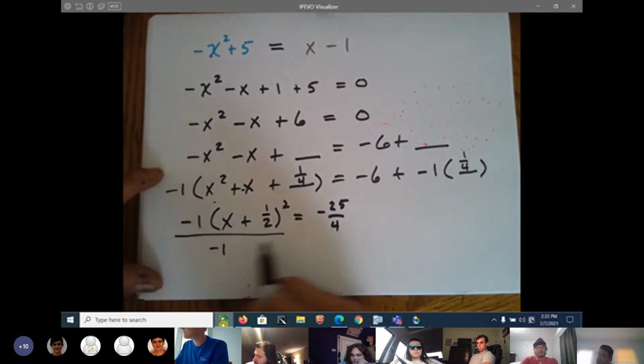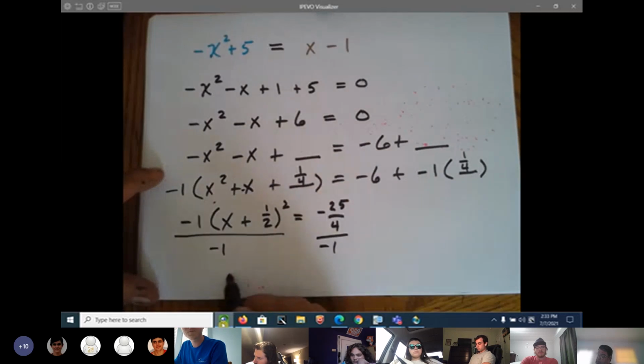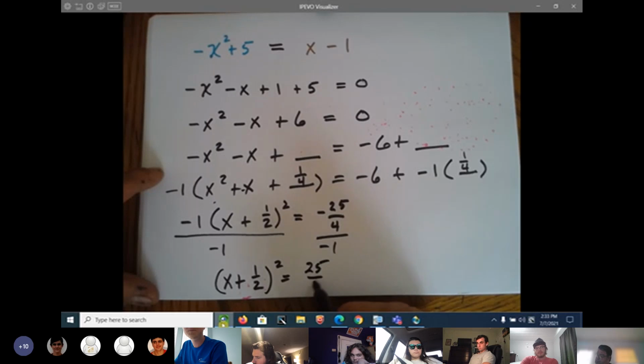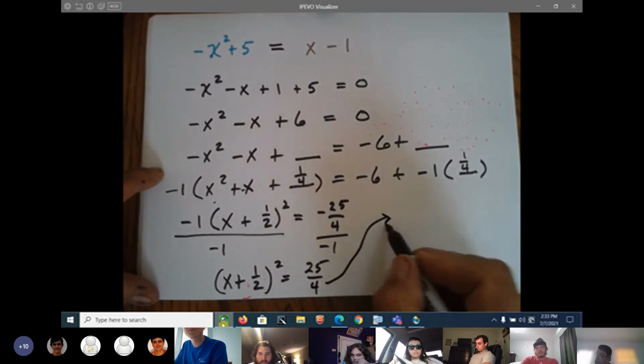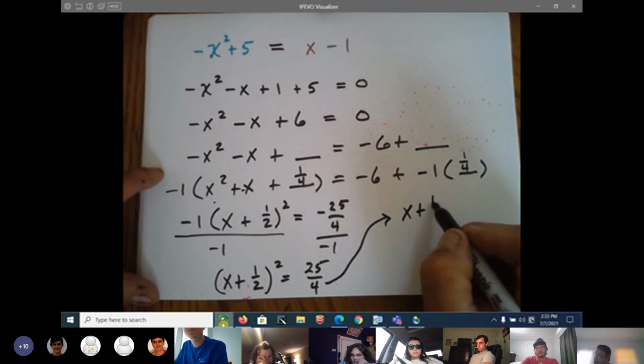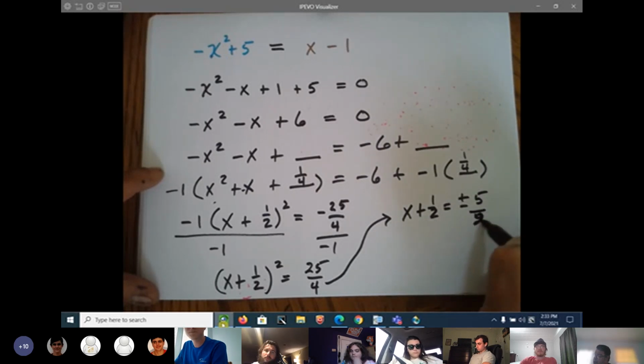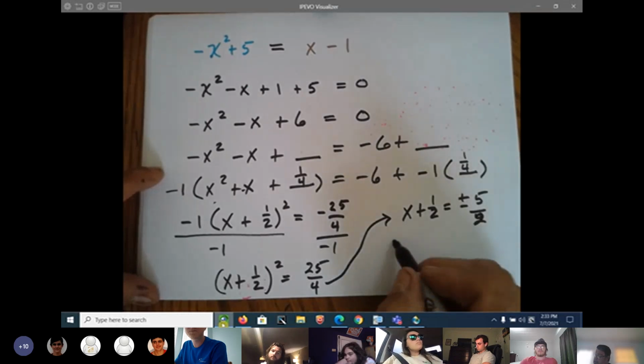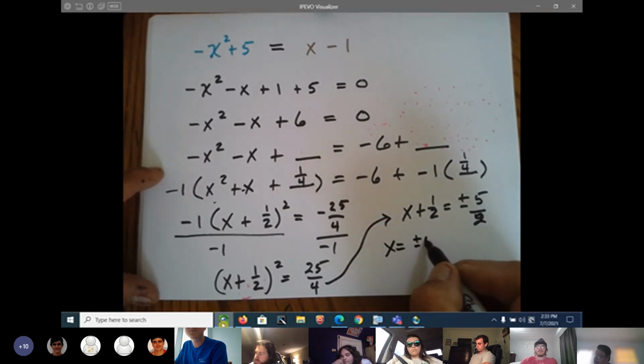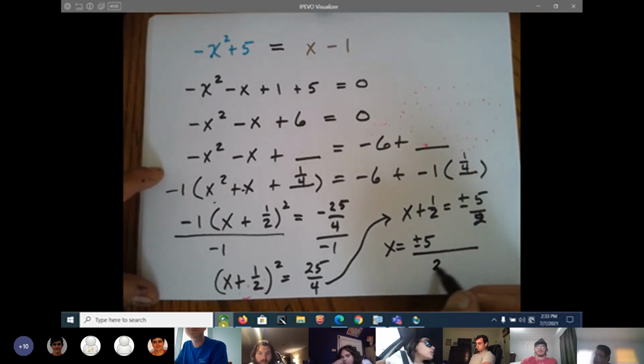Divide by negative 1. x plus 1/2 quantity squared is equal to 25/4. x plus 1/2 is equal to positive or negative 5/2. x is equal to positive or negative 5/2 minus 1/2.